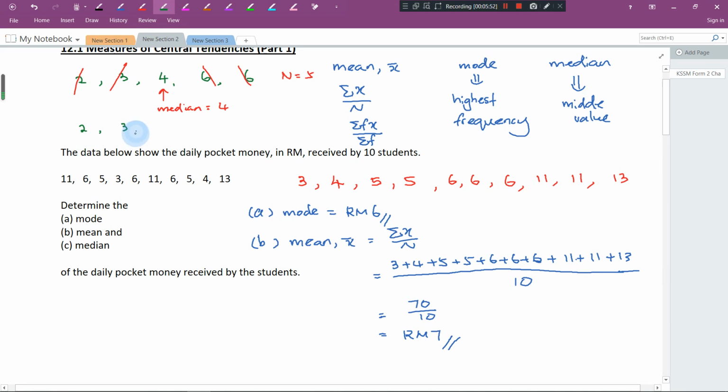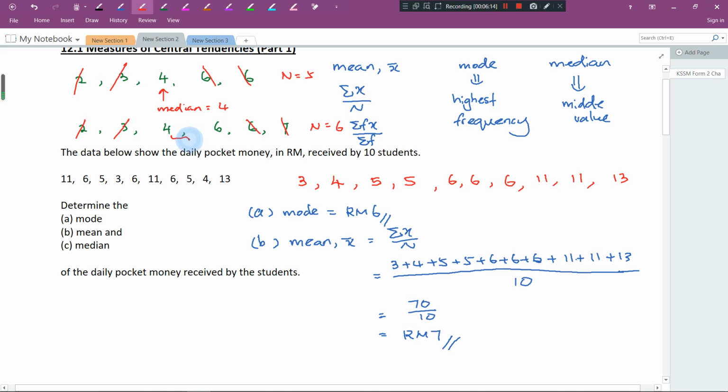So how about if I add one more number? 2, 3, 4, 6, 6, and add one more, 7. Now n becomes even. If the total number of data is even, there are two middle values. We use this method, it's easier.